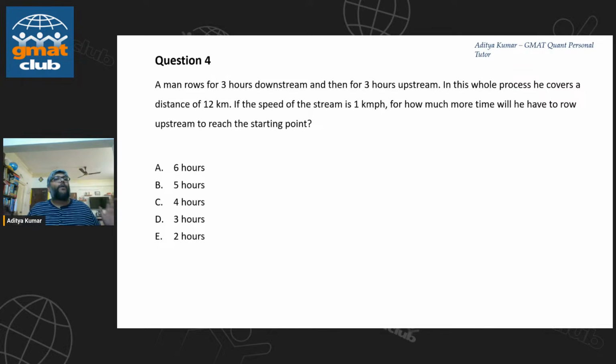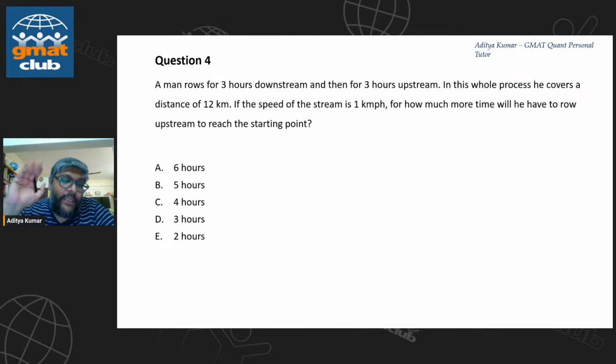I want you to see how I organize information, and I'm going to solve it, and I'm going to set things up exactly like how I would have done in the test. Again, I'm going to read and visualize the question first. A man rows for 3 hours downstream and then for 3 hours upstream. Now I'm going to pause there.